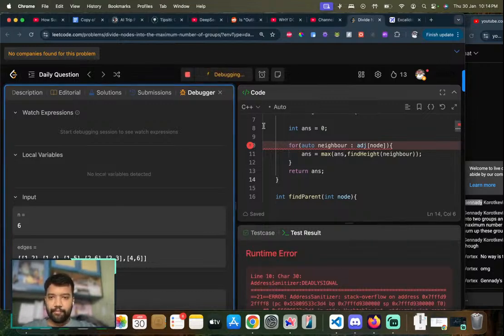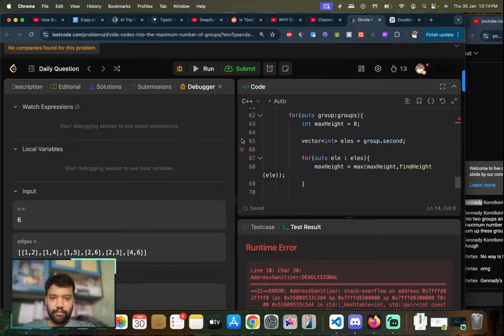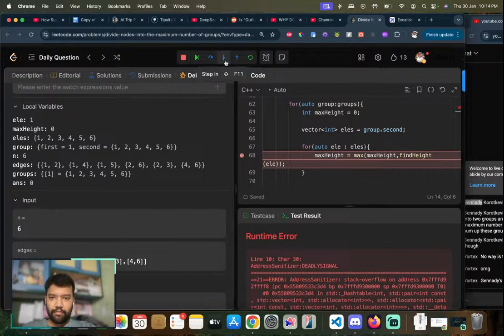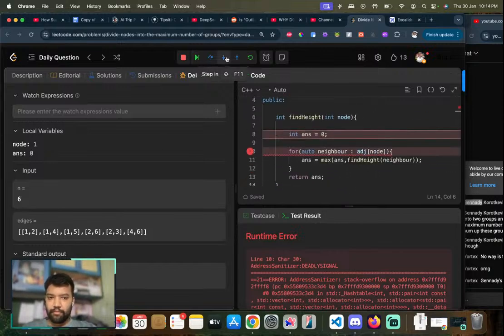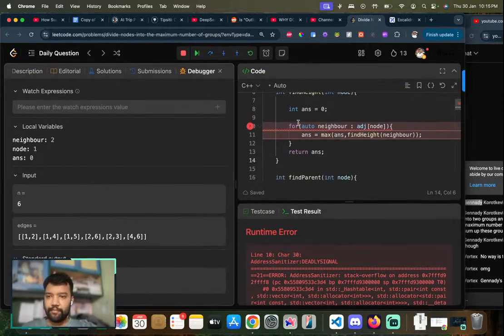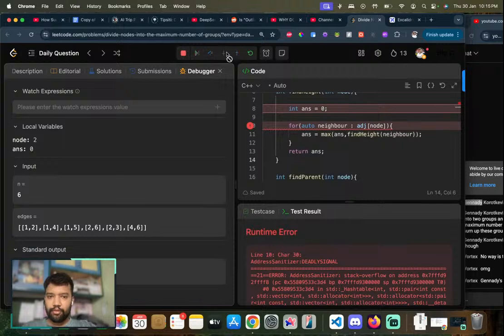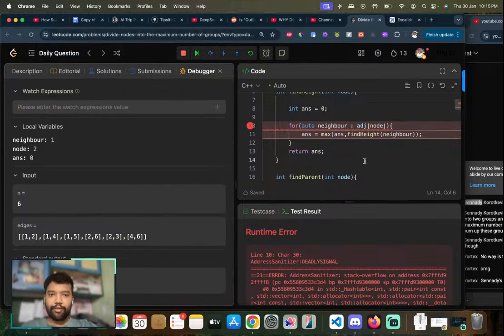Let's try to debug. Node is 1, answer is 0, neighbor will be 2, node is 2, neighbor is, okay, okay, I get that.